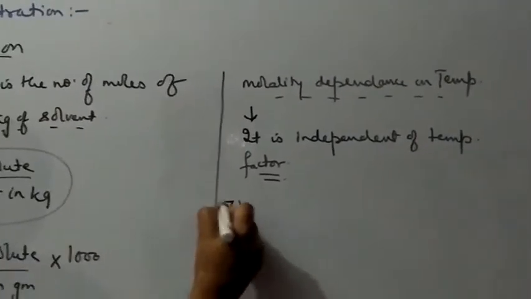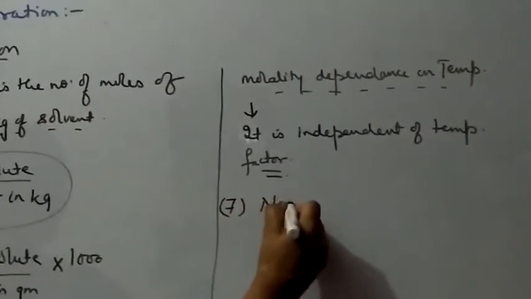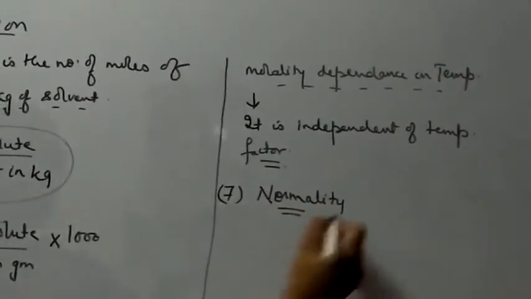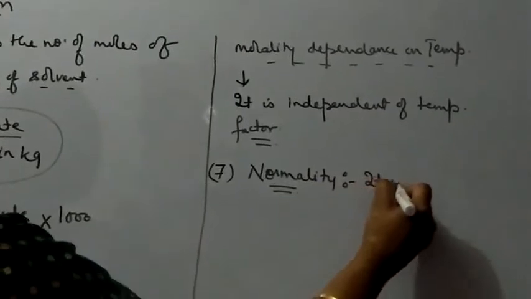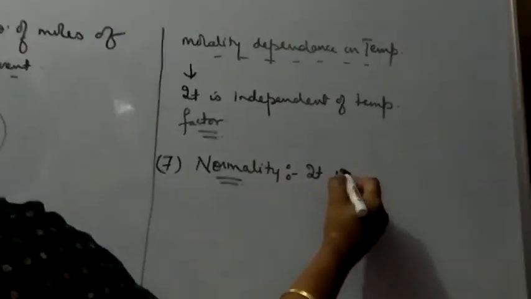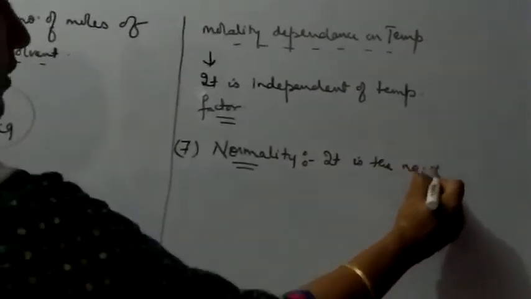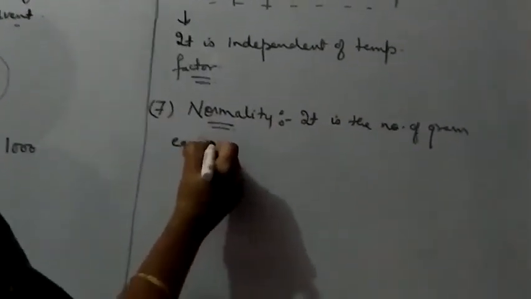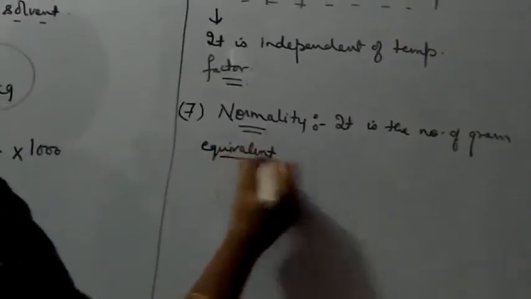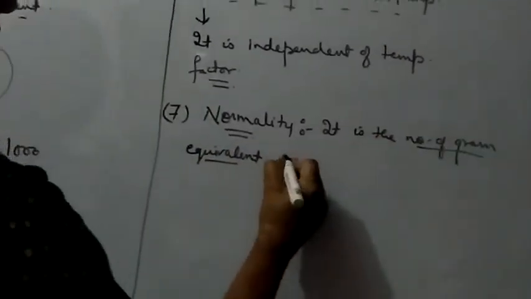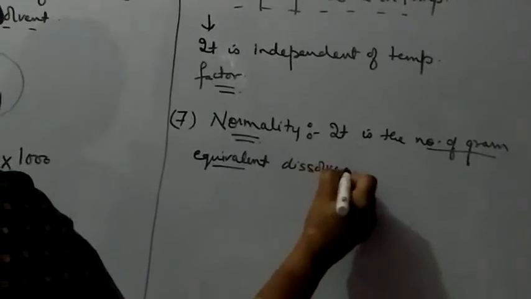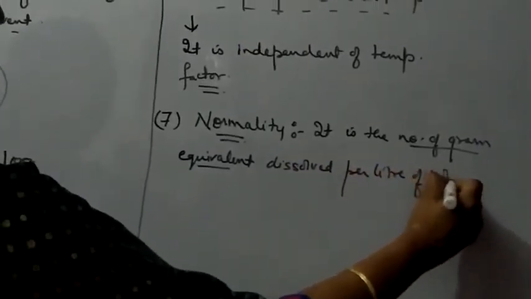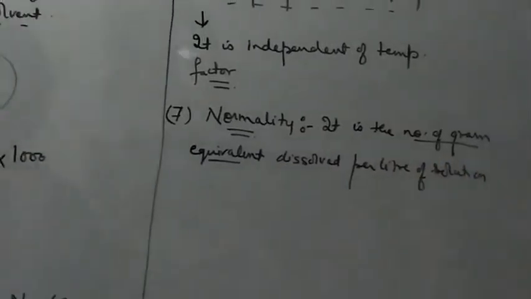Now the next expression of concentration is the normality, right? It is the number of gram equivalent dissolved per liter of solution, right?